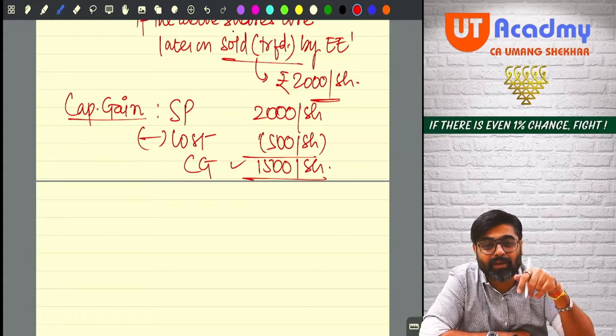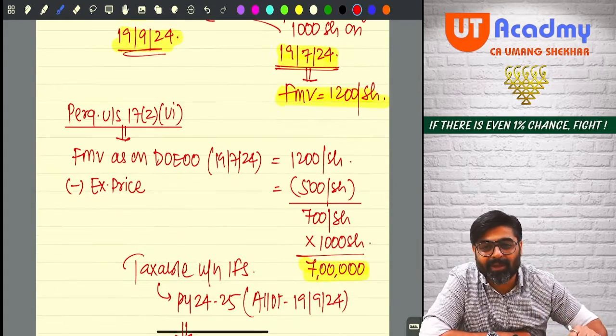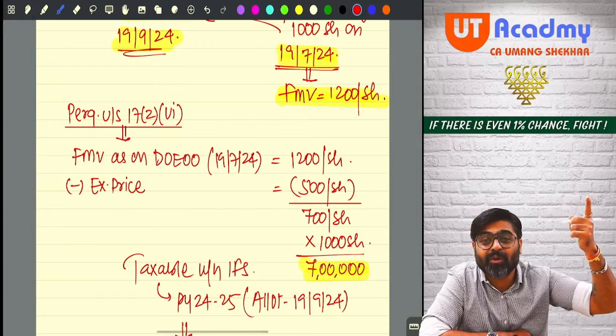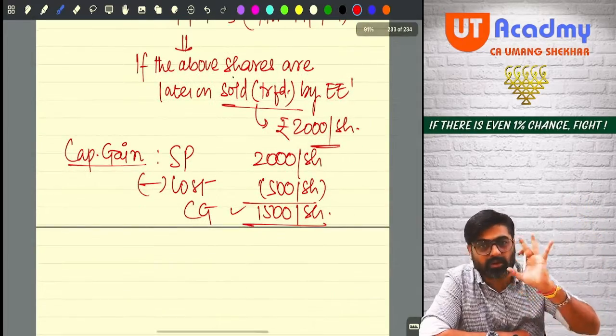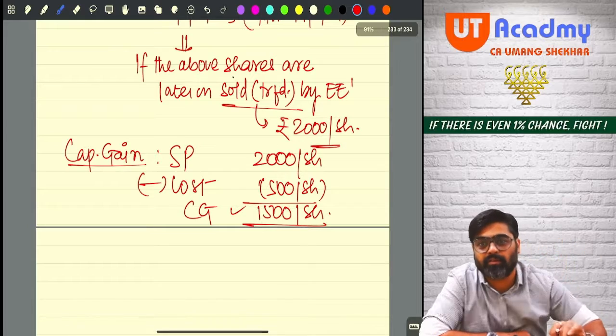And what was that 1200? The fair market value as on the date of exercise of option. Take that fair market value as the cost of these shares to calculate the capital gains.